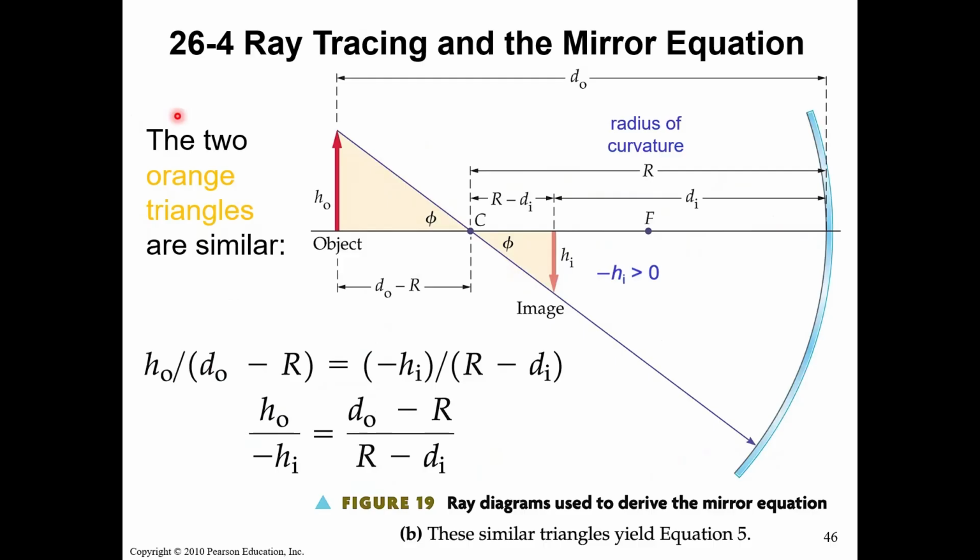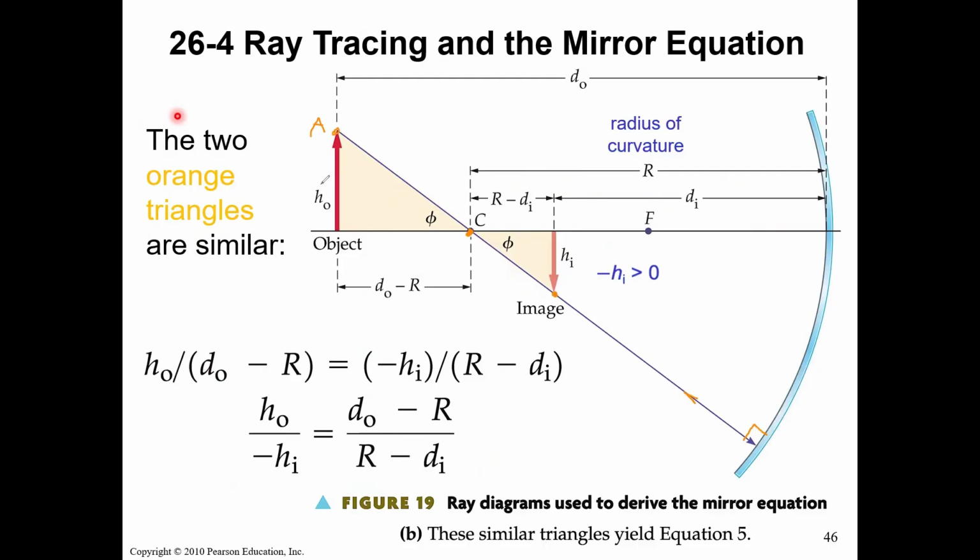Okay, so this is about the C ray. If you draw the C ray, you connect the point A and the center of curvature C. You extend it, and it will hit the mirror at a right angle. This light ray is going to be reflected in the same direction, and it will hit the image somewhere.